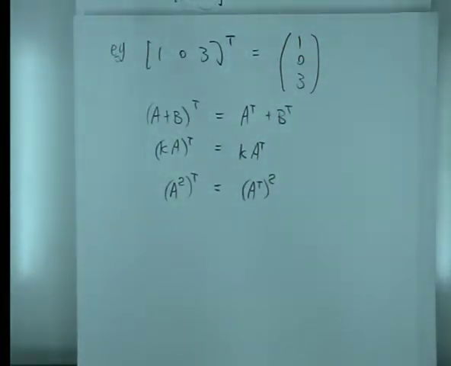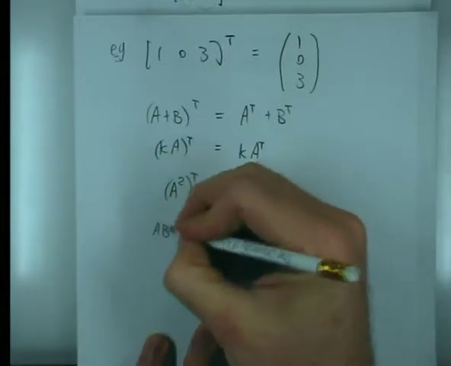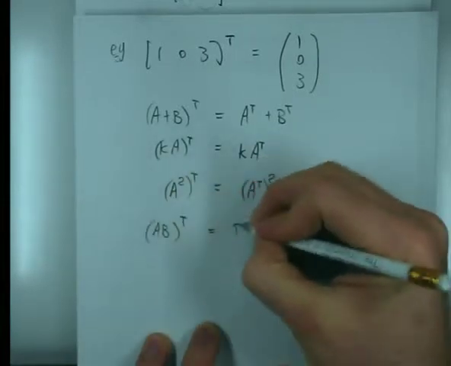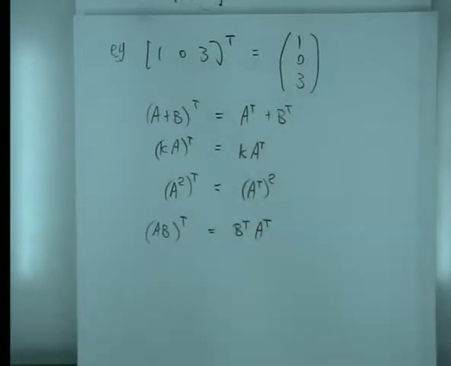And that's one of the reasons they write it as a power, because it interacts with powers in a useful way. The only problem is that it does mess up your multiplication a little bit. Because all your rows have become columns and all your columns have become rows, and because matrix multiplication is highly dependent on which one has the rows and which one has the columns, you need to switch the order when you transpose with multiplication.